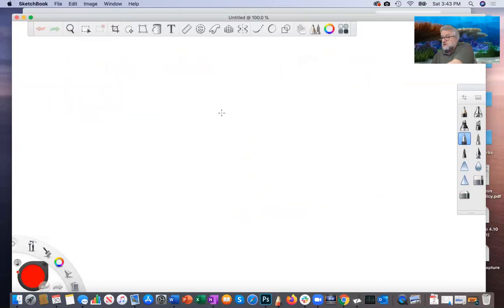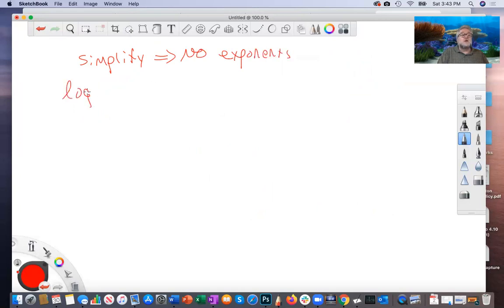Okay, let's look at another. Here is a simplification. Simplify so that there's no exponents. Okay, so log of 8xy to the 4th. So we want to spread it out in a bunch of individual log functions. Well, what's the product rule?